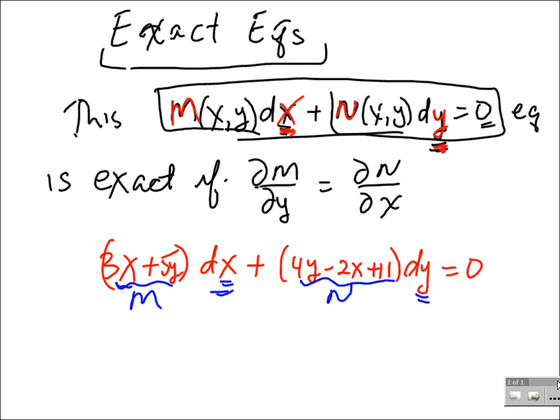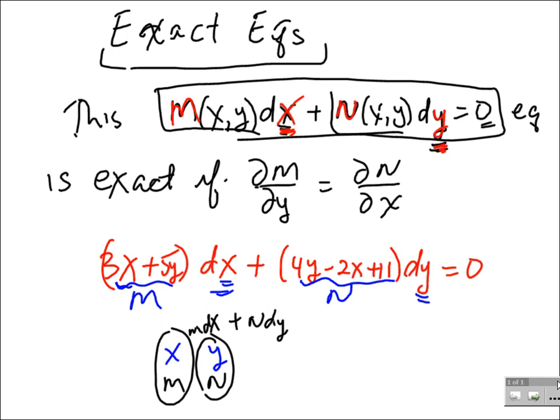That is, when it comes to x and y, x is before y, and when it comes to M and N, M is before N. The earlier letters are teamed up. That is, you have M times dx plus the latter letters are teamed up. You have N times dy, just like it says up here.